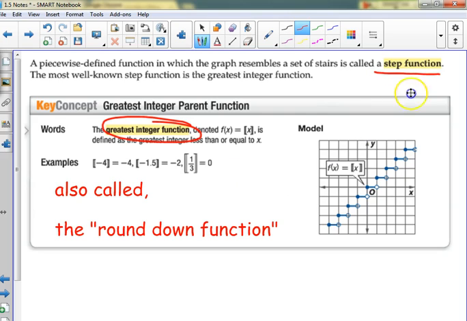Anybody remember this bad boy? This is called a step function. Its fancy name is the greatest integer function. I like this name better. It's called the round down function. Because if I told, and some books write it with double absolute values, our book was kind of a double brackety thing. But if this was negative 7.1, does anybody know what that would round down to?